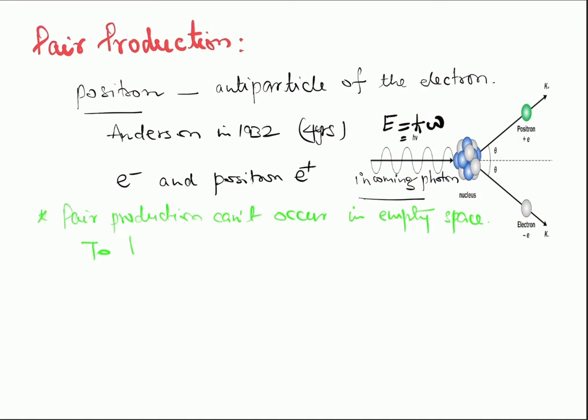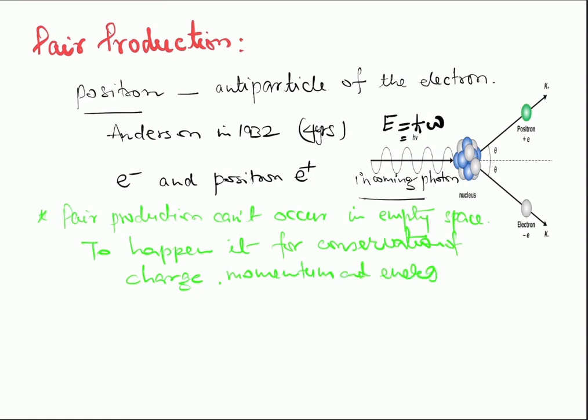For conservation of charge, momentum, and energy, there is a need of a massive nucleus with which the photon can interact and transfer part of its momentum.